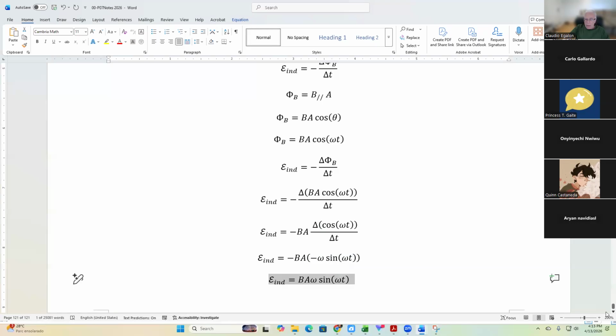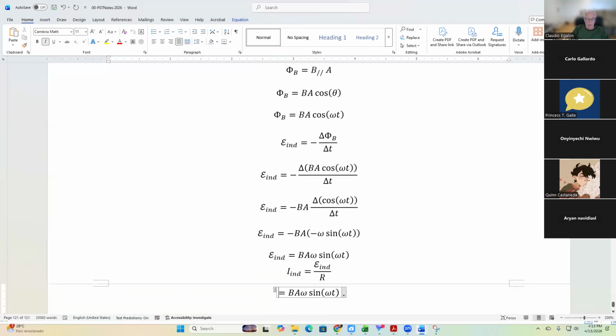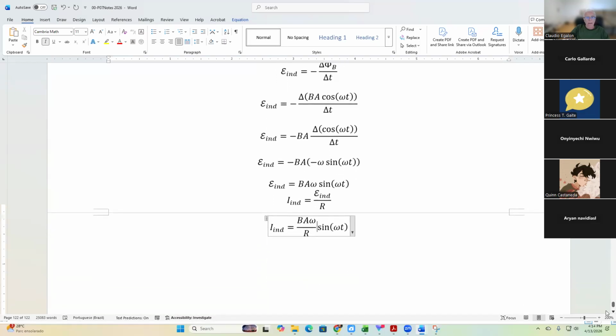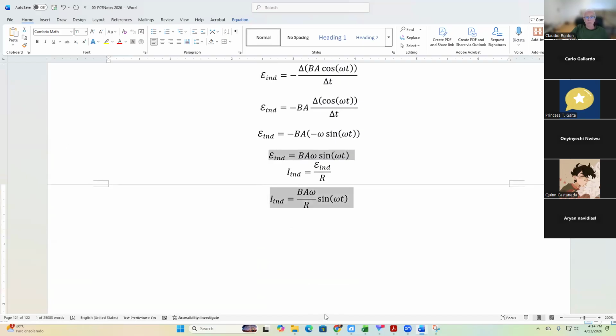That's going to be my induced voltage, the voltage that you saw in there. And now also my induced current is going to be the induced voltage divided by R. And here is the very definition of an alternate current or an alternate voltage: either a sinusoidal function or a cosinusoidal function of time.